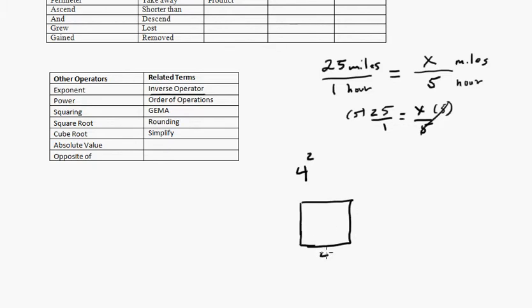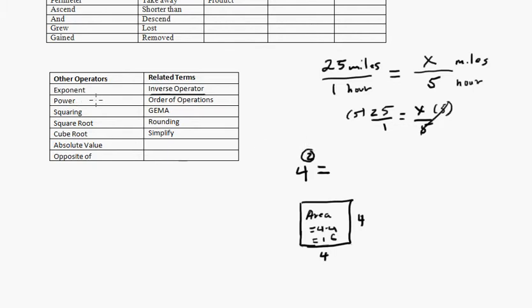If the distance on this side of a square is 4, then we also know the width and the length are the same. So the area is just 4 times 4, which is 16.